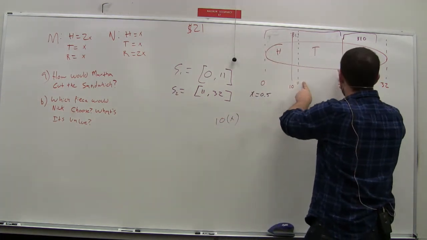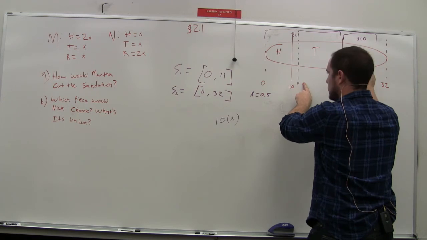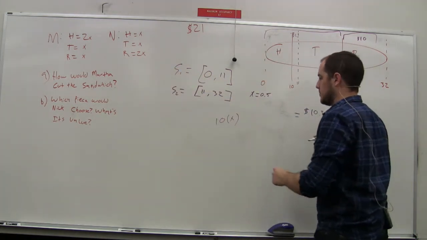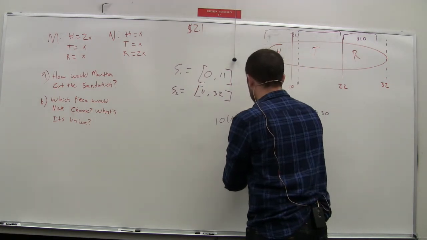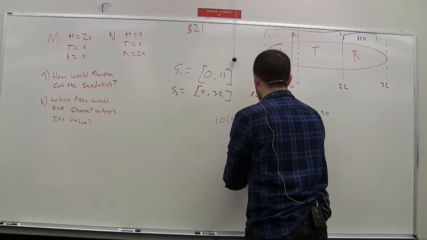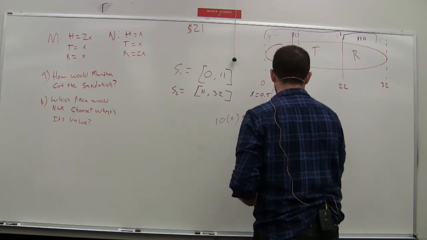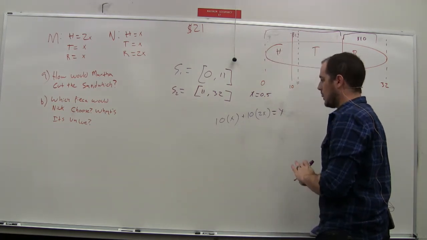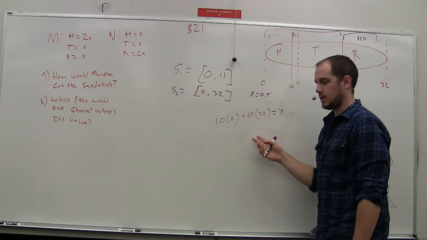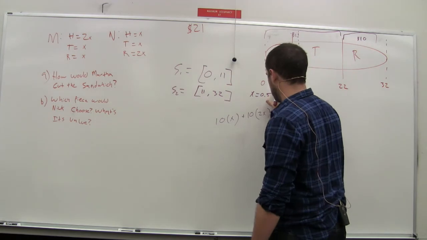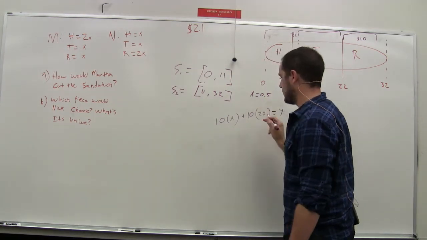And then we have the roast beef section, which is worth 2x, and again, we have 10 inches of roast beef. So we'll say plus 10 times 2x. We don't know what that equals yet, so we're just going to say it equals y. Now we have two variables, x and y, but that's okay because we actually know the value of x. So all we have to do is plug 0.5 in wherever we see x.